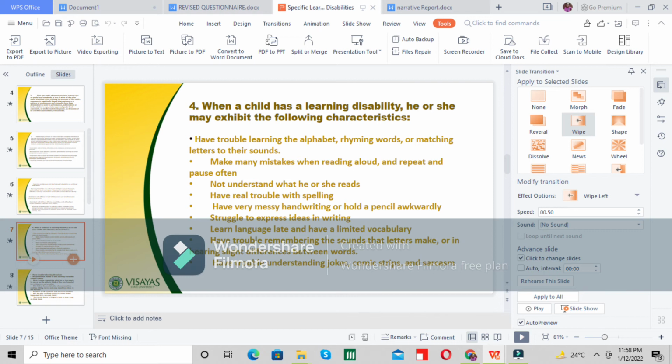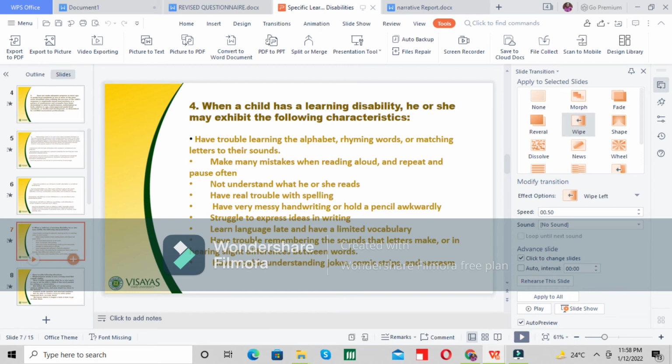So there are some students who are not good at writing, so they tend to make mistakes. That's why their papers are messy to look at.